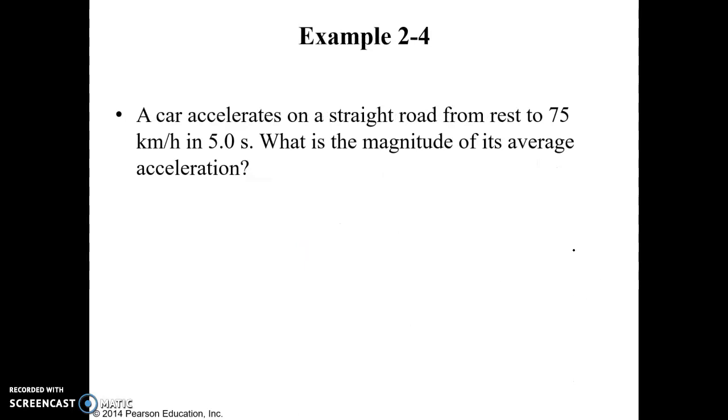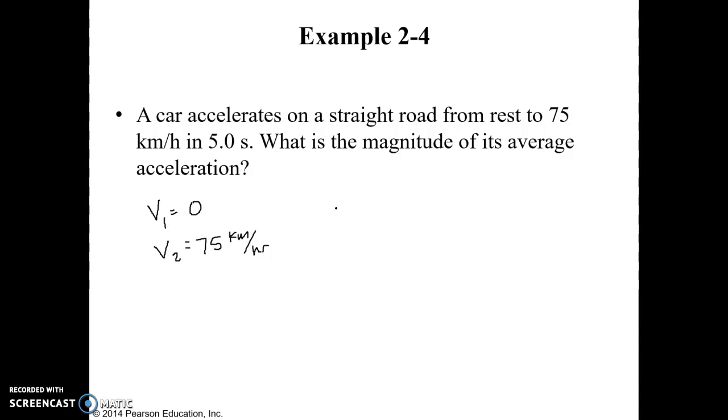Let's look at a specific example problem here. If we have a car that's accelerating on a straight road from rest, so rest means that the initial velocity, V1, is 0, to 75 kilometers per hour, so our V2 is 75 kilometers per hour. What is the magnitude of its average acceleration?